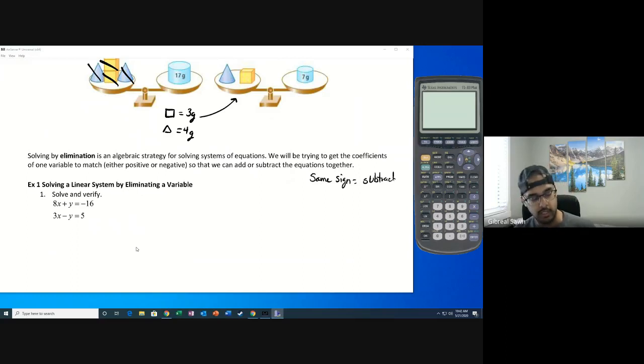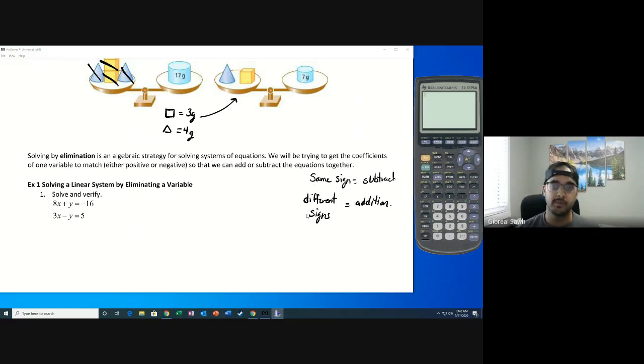Now, if those signs were different, you had one red chip and one blue chip, you added them together to create a zero pair. So different signs meant addition. Throughout this lesson, we'll do both, just so you get a feel for them, but there is a way to get rid of them no matter what.